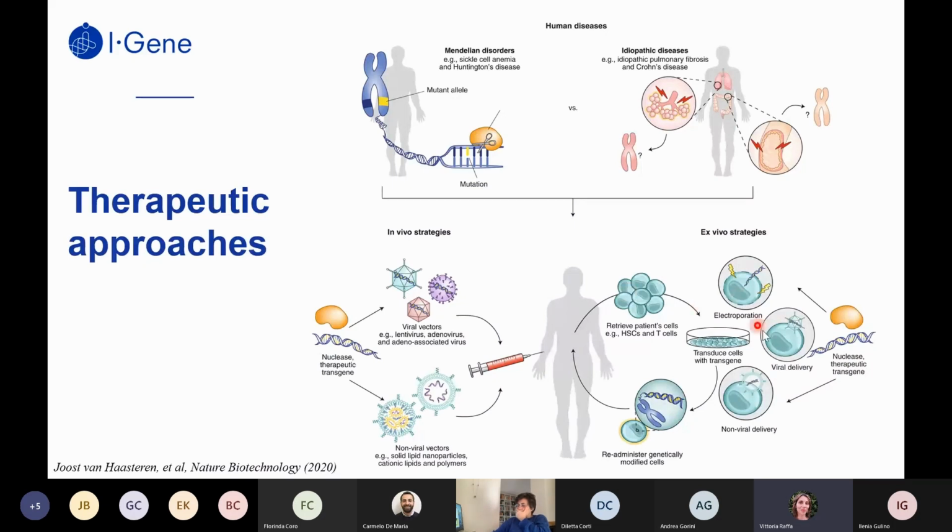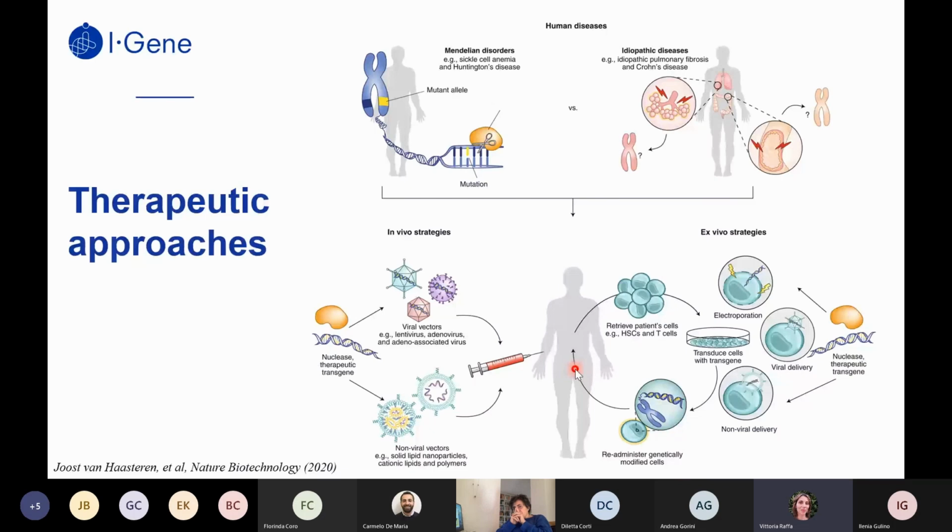Then we insert the machinery for CRISPR-Cas9 genome editing into these cells. Then we perform the gene editing, and after the editing, we can reimplant these cells into the human body. So this is ex vivo, because the cells are taken from the patients, modified, then reimplanted into the patients.